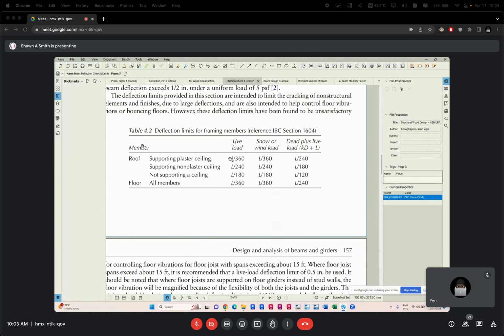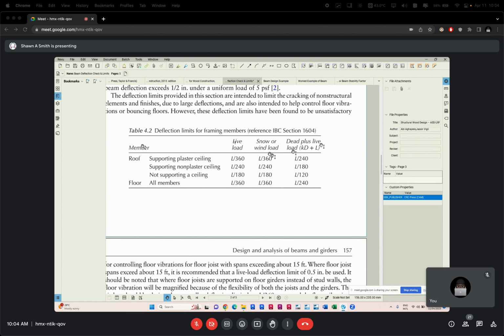Right? For the same member supporting plaster ceiling, if snow or wind is applied, then the maximum deflection should be the same L over 360. All right. So this is live load alone. This is snow or wind alone. Now, for the total deflection, that's when you're adding dead plus live.